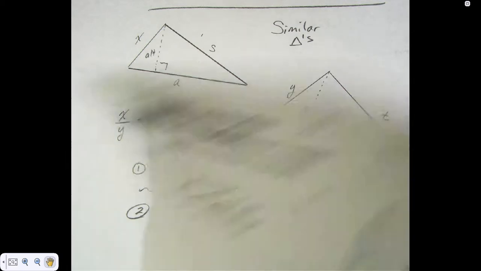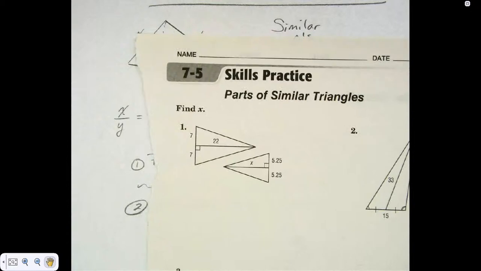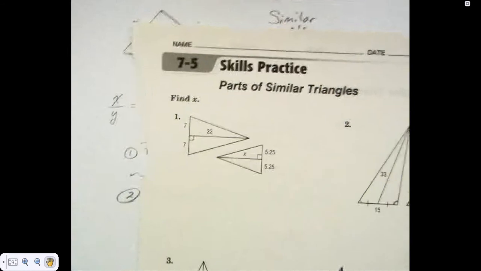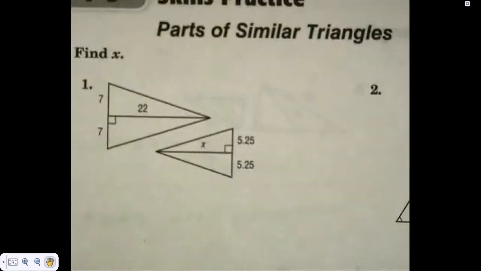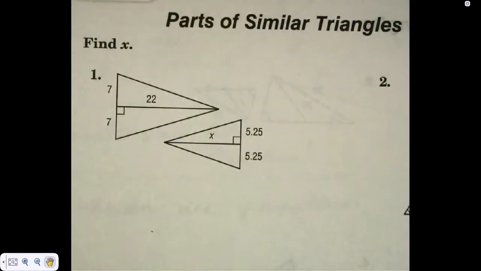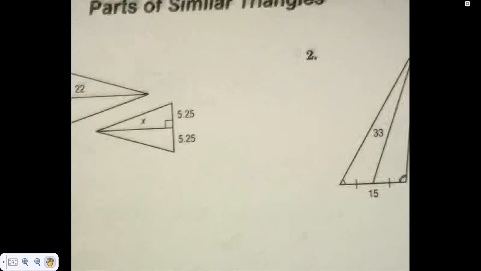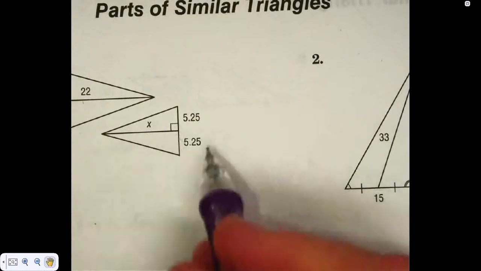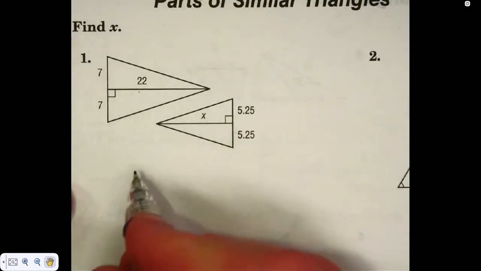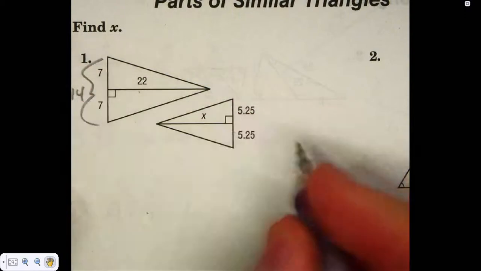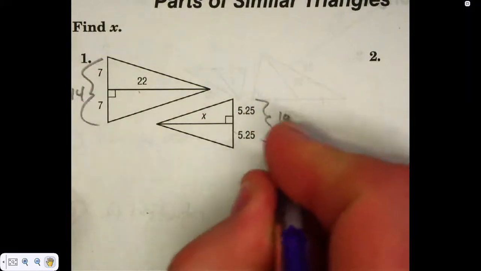Well, how about number 1 on page 91? This has altitude, doesn't it? Isn't that what each of these are? This an altitude? So, by the concept we're talking about, what proportion could I set up? Well, this whole side here is what? And this whole side's what?